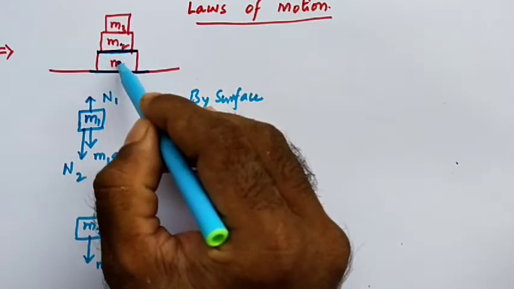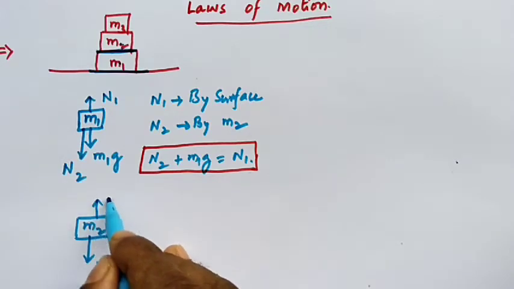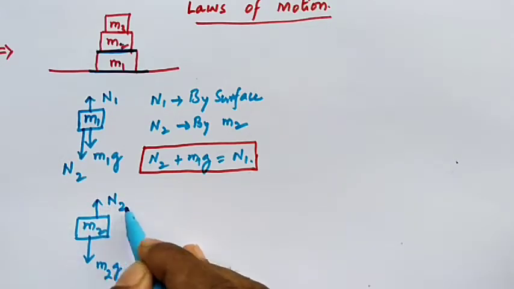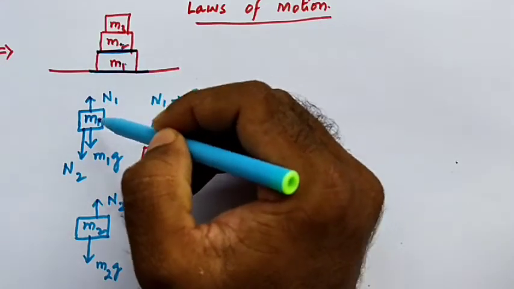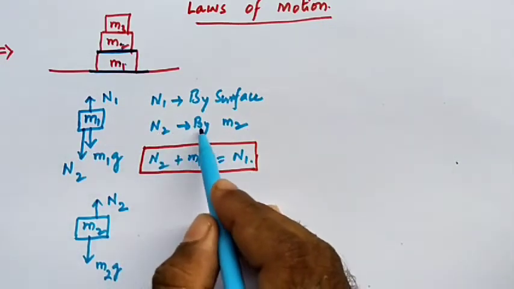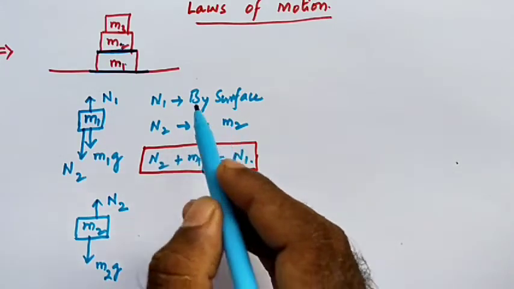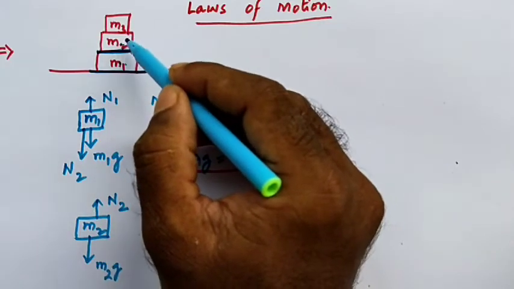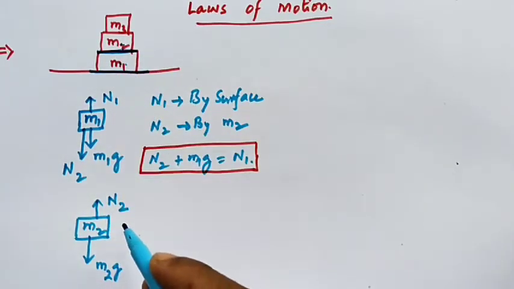So m1 applies a normal force on m2 in the upward direction. That is equal to N2, because m2 applies a force on m1. How much? N2. Now m1 applies the same force on m2, right? Next, is there any other force?